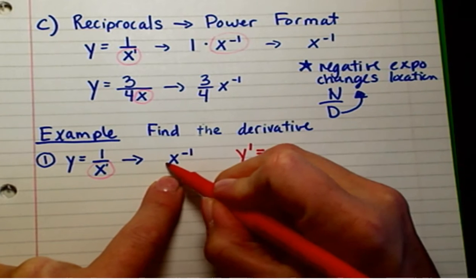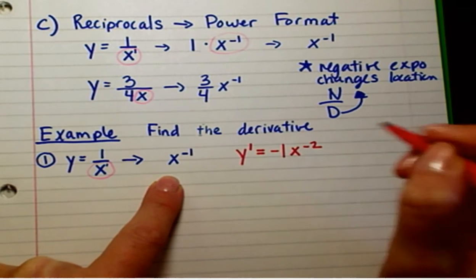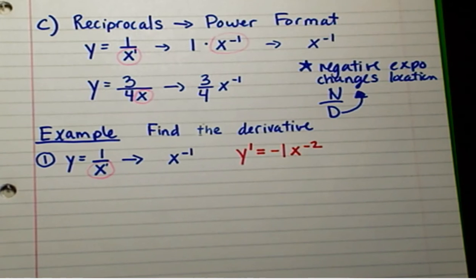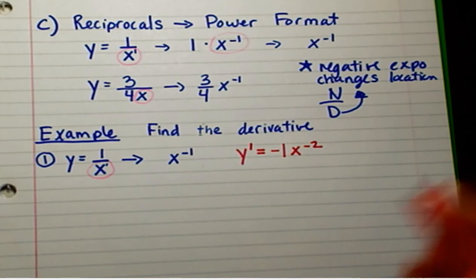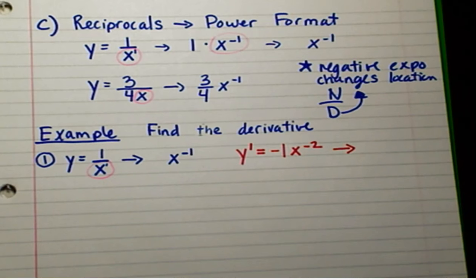Multiply the power, subtract 1. Don't write too small because you've got coefficients and exponents smushing together here. Okay. Put it back into reciprocal format.